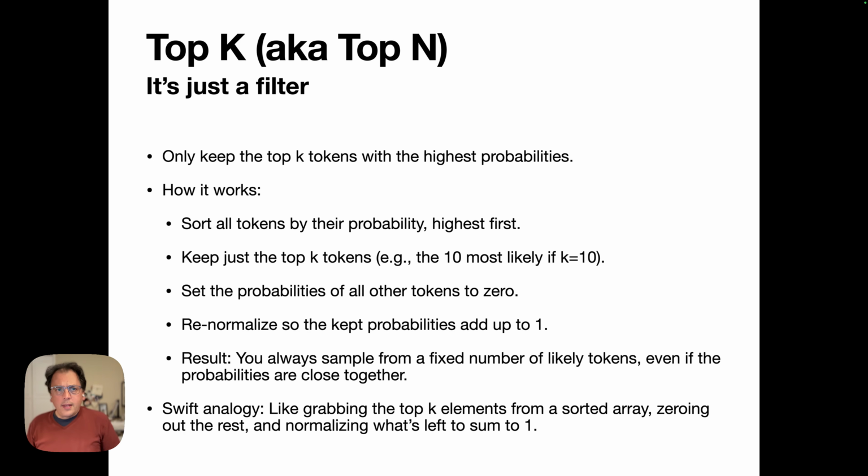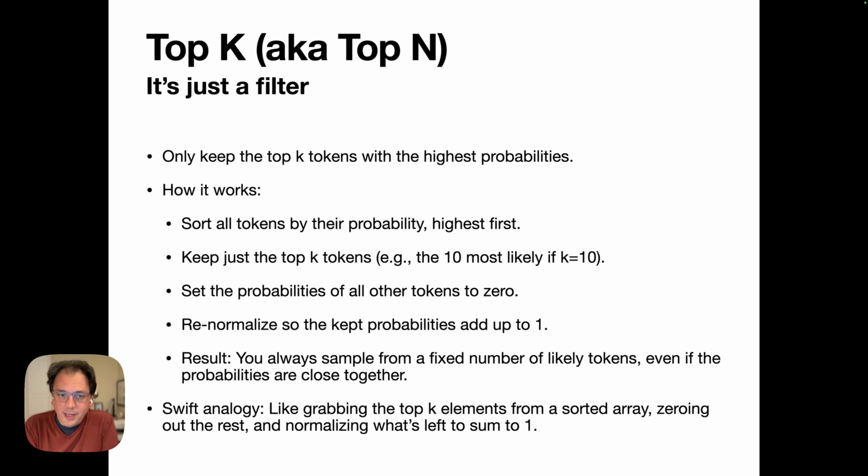There are two other ones, top K, also known as top N, and top P. Top K again is ridiculously simple to explain if you understand what is happening. Basically, top K keeps only the K tokens, K being an integer, with the highest probabilities.